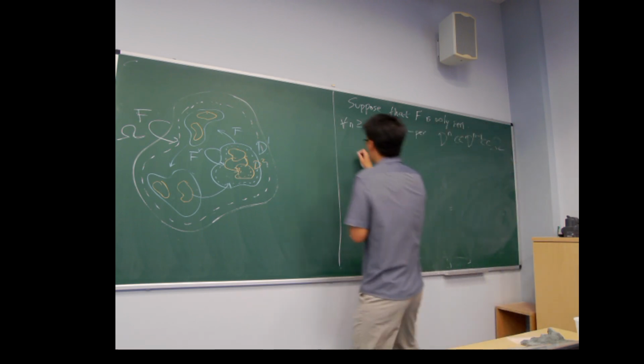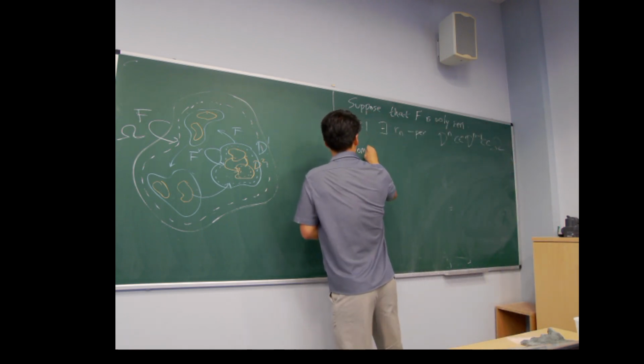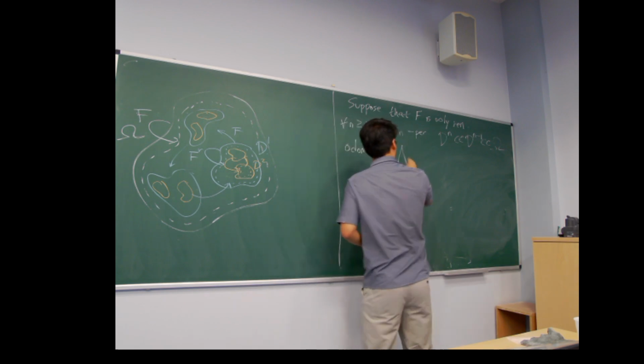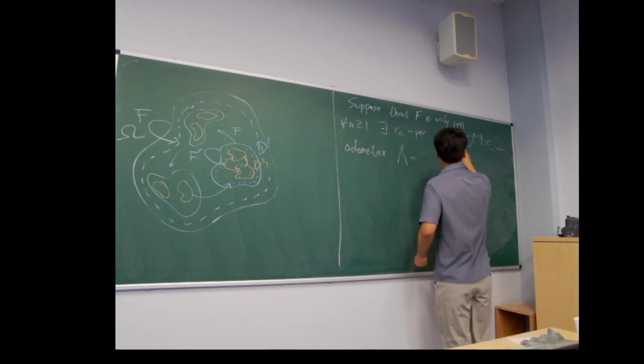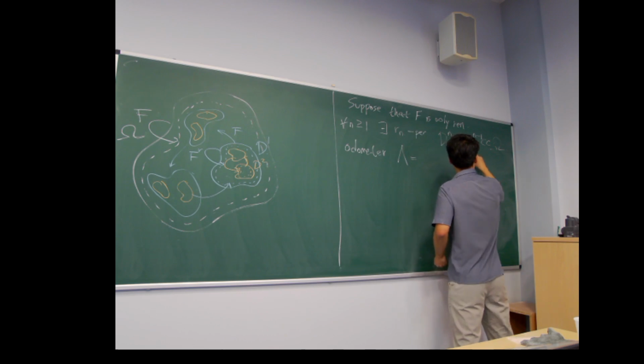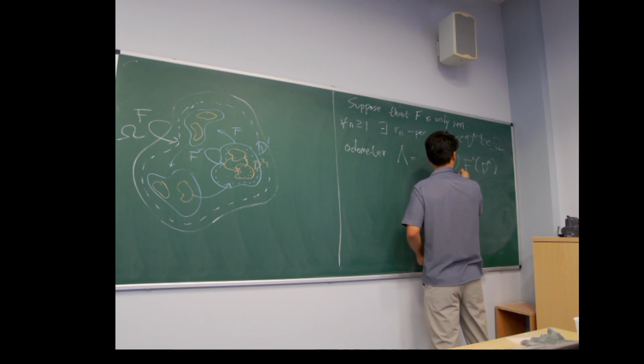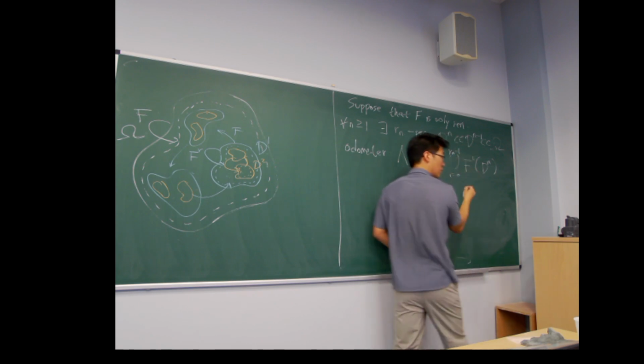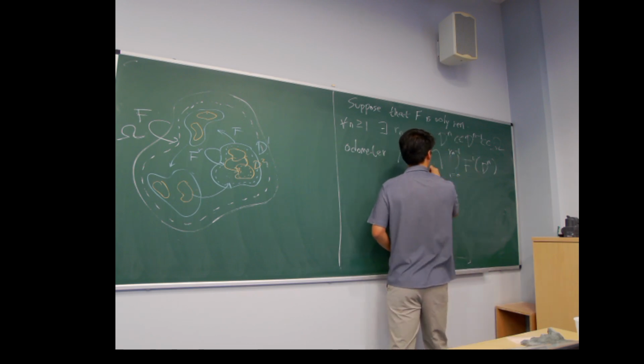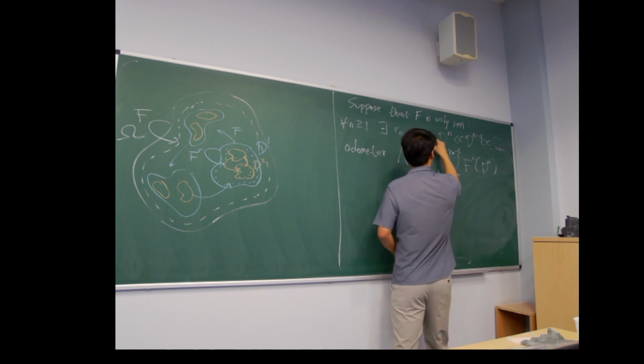So we form the odometer, which we call lambda, and this, you take the cycle of your nth renormalization domain to R_{n-1}, and then you take the nested intersection as n goes to infinity.